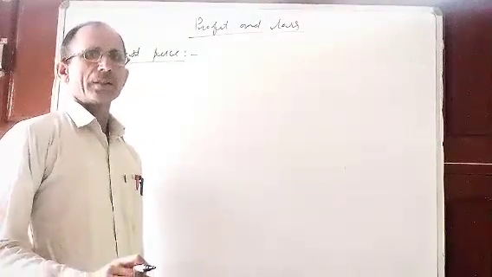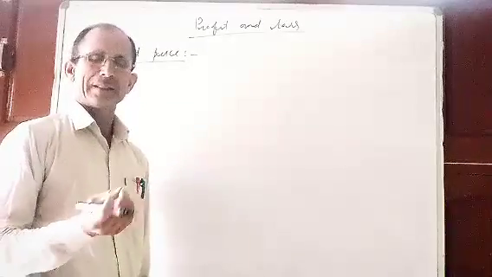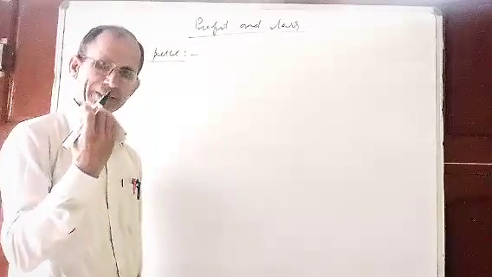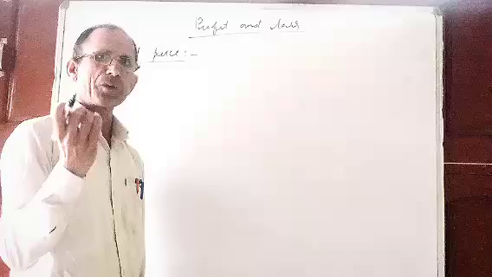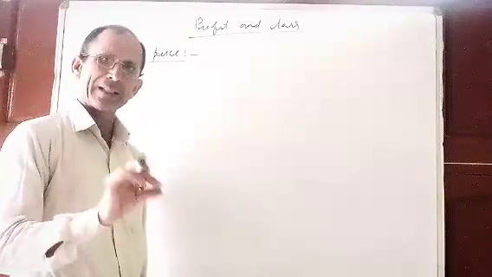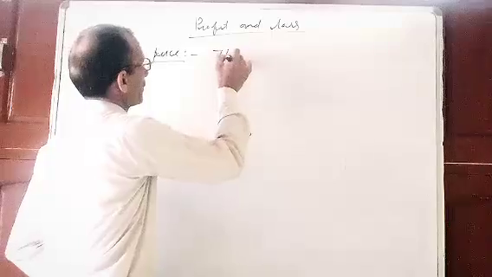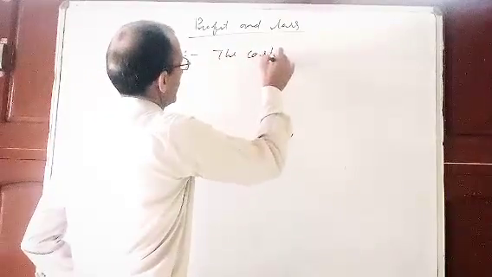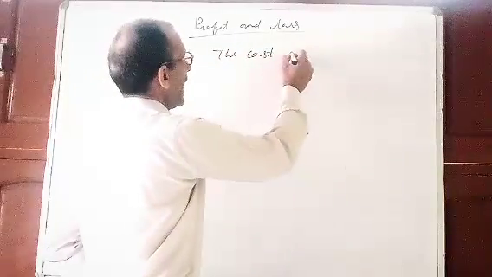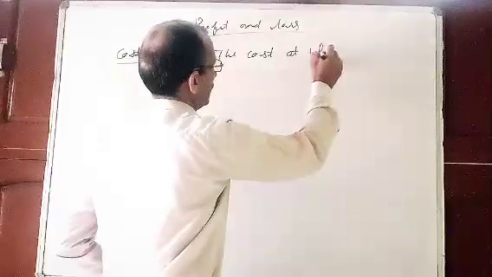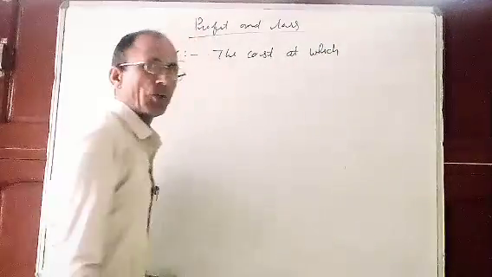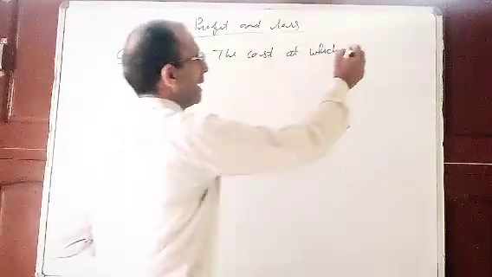Suppose you went to the market and bought one thing, and the amount you paid for that article is called cost price.